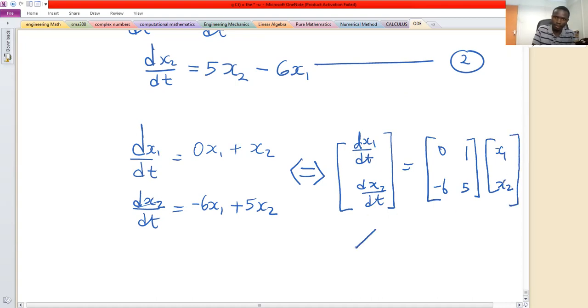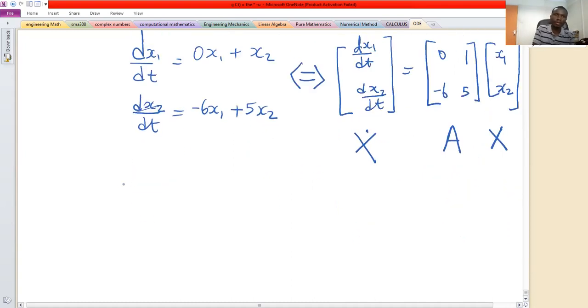So this is what you are calling the x dot. This is the A matrix, and this is the x vector. So now our A matrix is 0, 1, minus 6, 5.